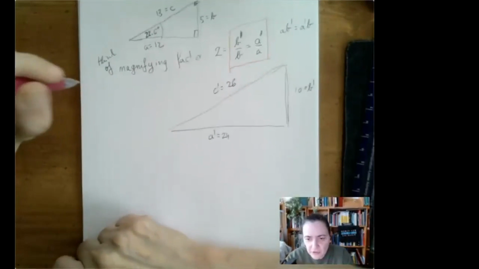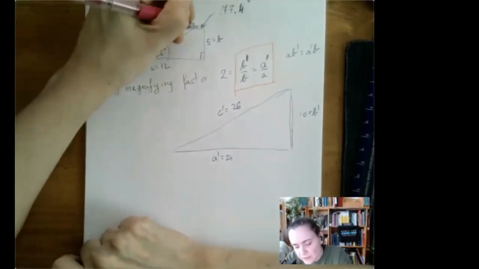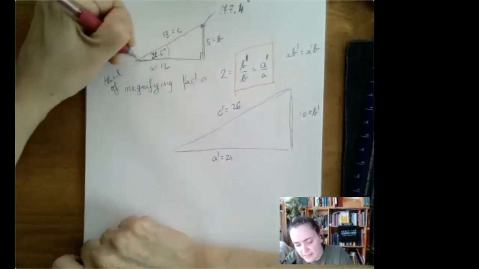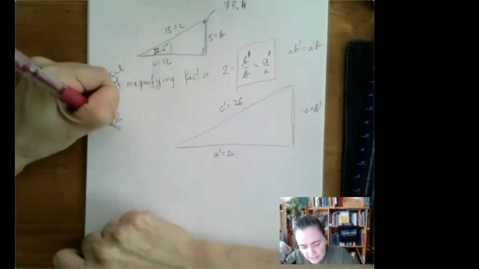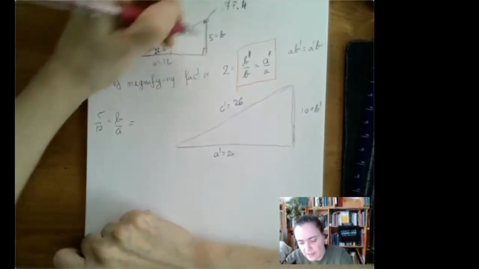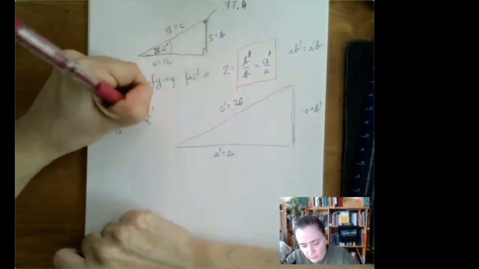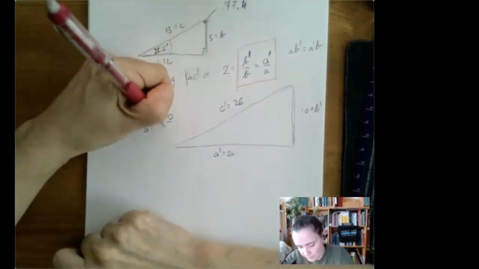But there is another way to think of this, and that is basically the ratio from this side to that side should be preserved. So B over A, which is 5 over 12, should be the same thing as B prime over A prime, which happens to be 10 over 24.